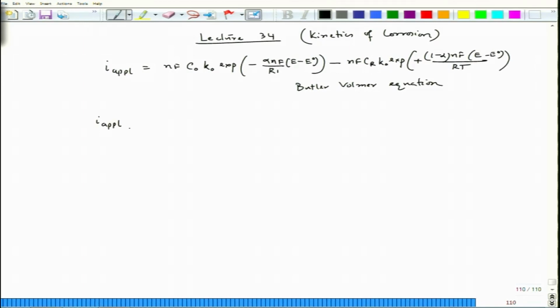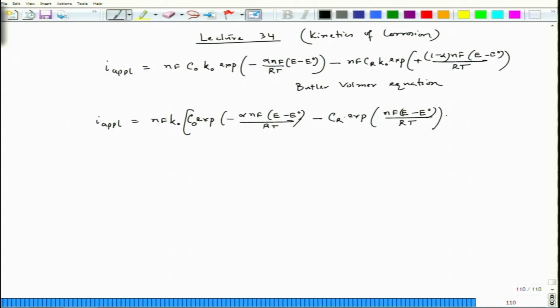I applied equal to nF K0 exponential minus alpha nF (E minus E0) divided by RT, minus this is C_O, C_R exponential nF (E minus E0) divided by RT into exponential minus alpha nF (E minus E0) divided by RT.